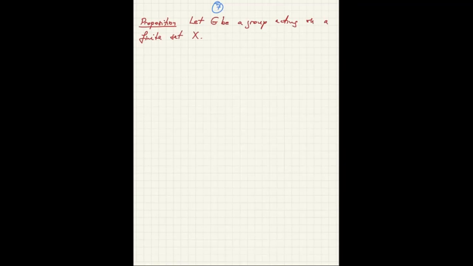Now, we need a notation, so I'll write it in a different letter.